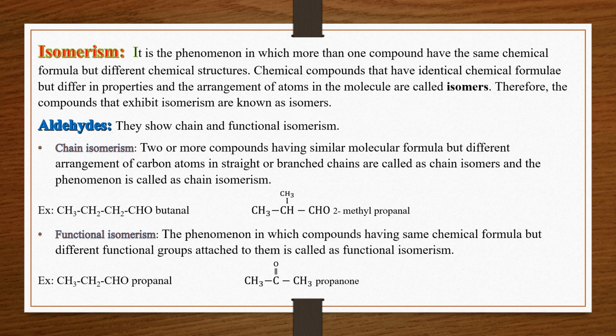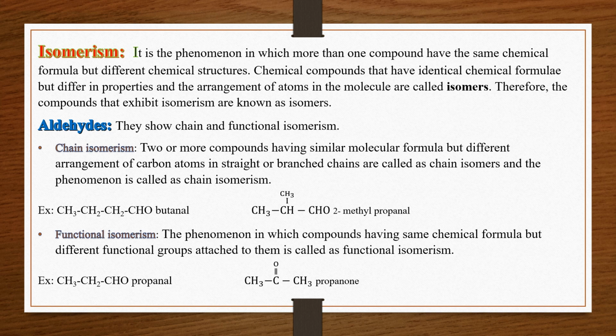Did you remember? It's the phenomenon in which more than one compound have the same chemical formula but different chemical structures. Coming to our carbonyl compounds, aldehydes show two types of isomerism. And one more question I want to ask you here: how many types of isomerism are there, or isomerism is classified into how many types?